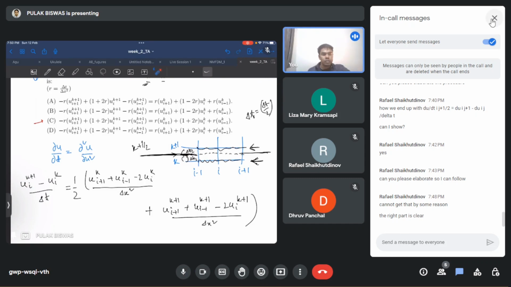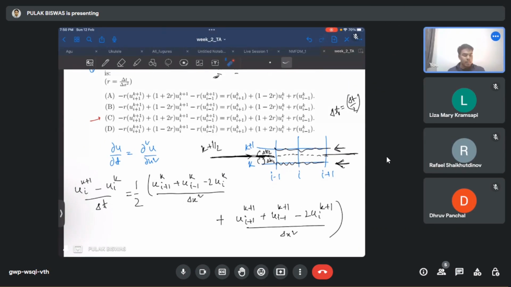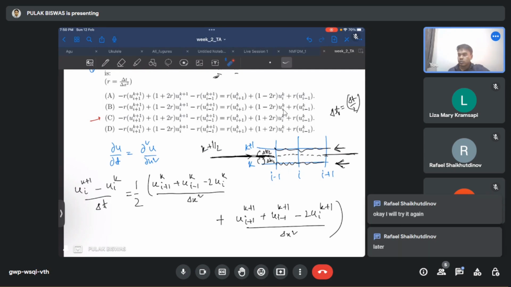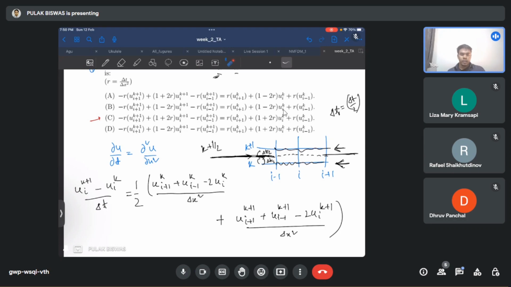So is it clear? Or is there any confusion? Okay. The concept is that instead of using values at only a particular level, I'll be using values at two different levels.